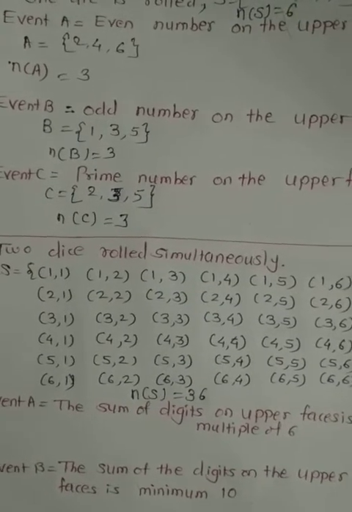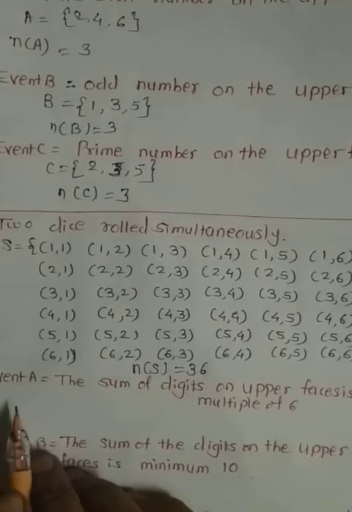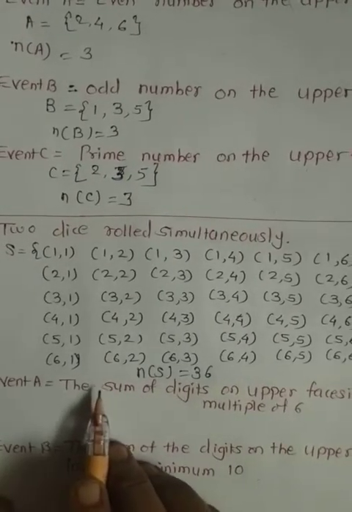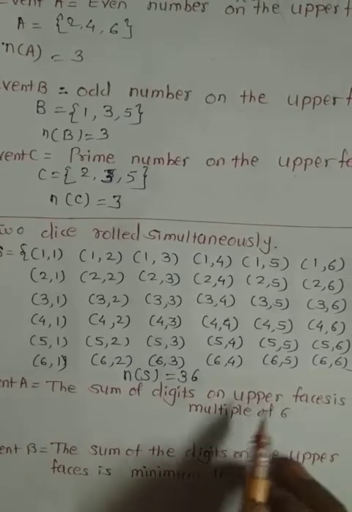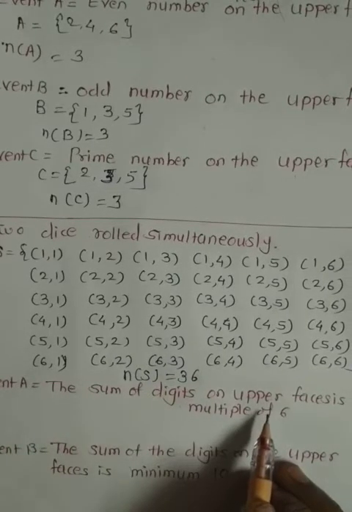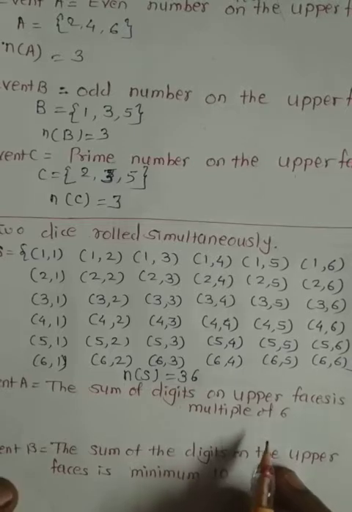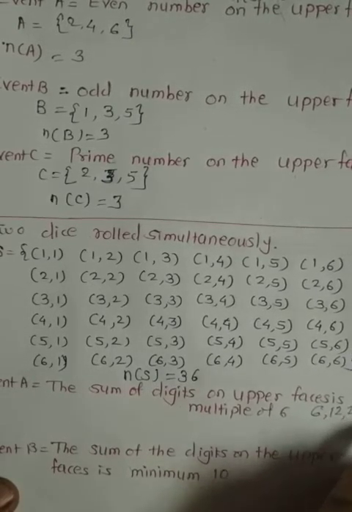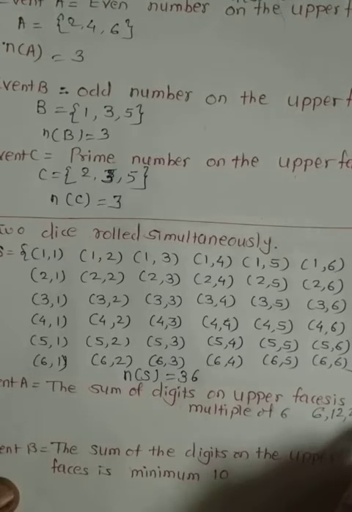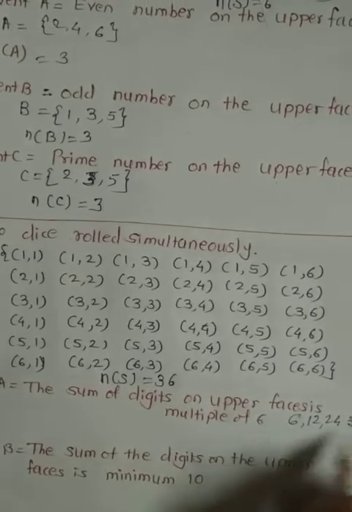Now the event A condition: event A is the sum of digits on the upper faces is a multiple of 6. What are the multiples of 6? That is 6, 12, 18, 24, 30, 36 and so on.